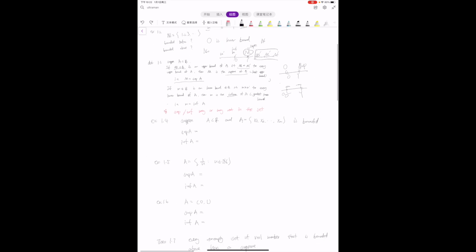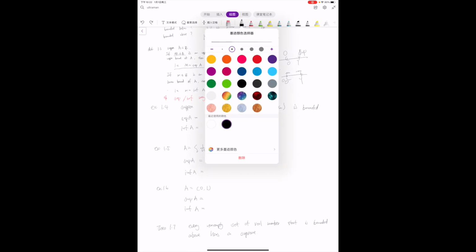Let's look at this example. Suppose A is a subset of the real numbers, and A equals {x1, x2, ..., xn}. It is also bounded. How do we know it's bounded? Because we have a finite number of elements in this set A. So what is the supremum of A?